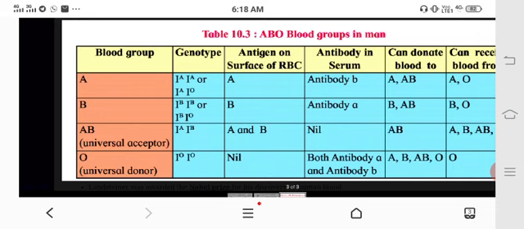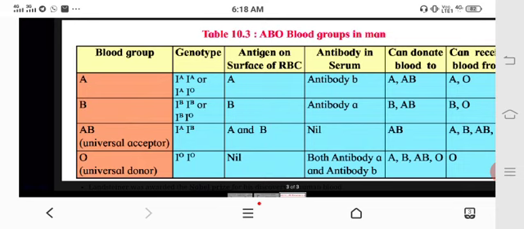He can donate the blood only to persons having blood group AB, but he can receive the blood from persons having blood group A, B and AB.